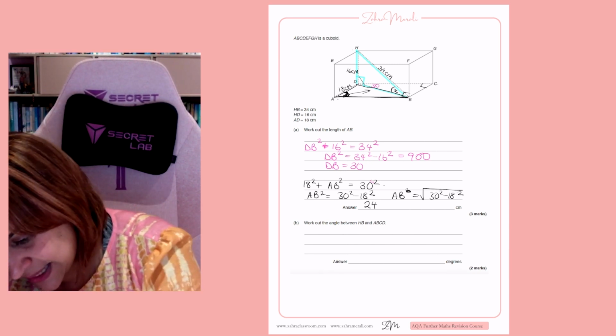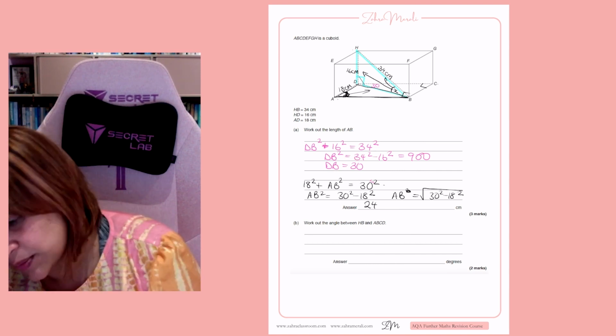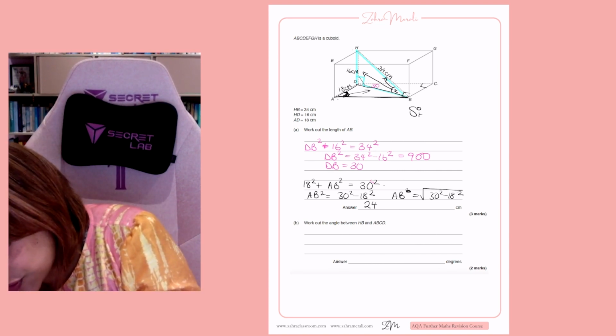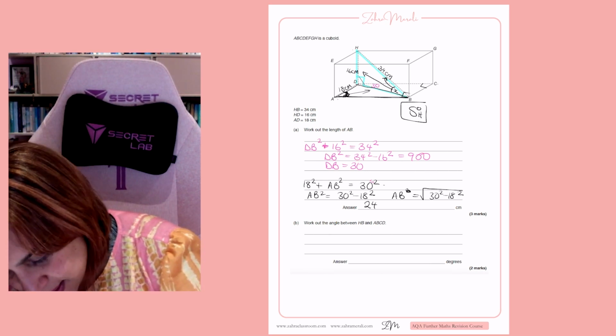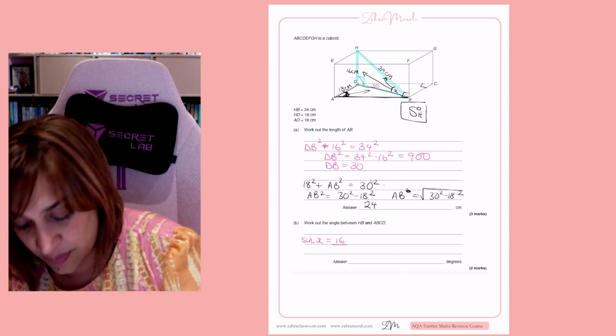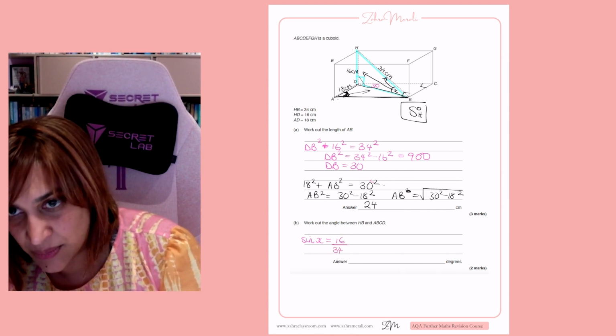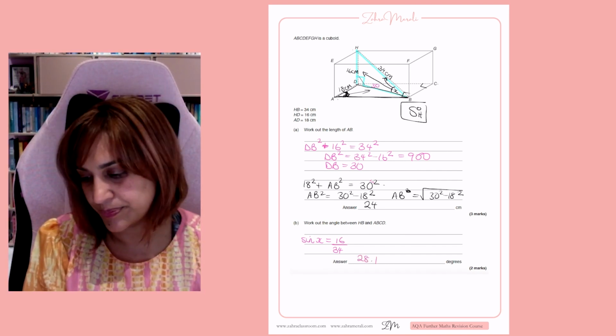If I take this triangle, I know the opposite and I know the hypotenuse, so I'm going to use sine. Sine x is opposite over hypotenuse. So sine to the -1 is going to give you 21.8 degrees.